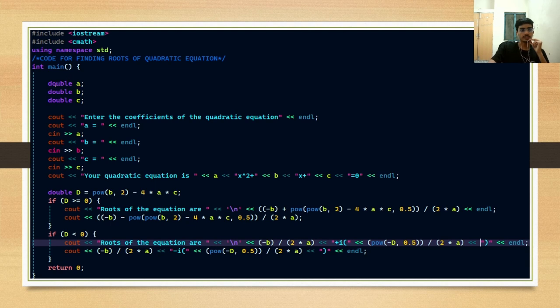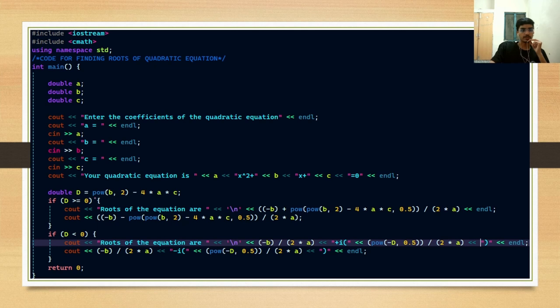So we are just declaring the variables a, b, c, and then we ask the user to enter the coefficients of the quadratic equation. cout a is equal to, and then we ask the user to input a, then b, then c. And thus the quadratic equation would be formed: ax square plus bx plus c.